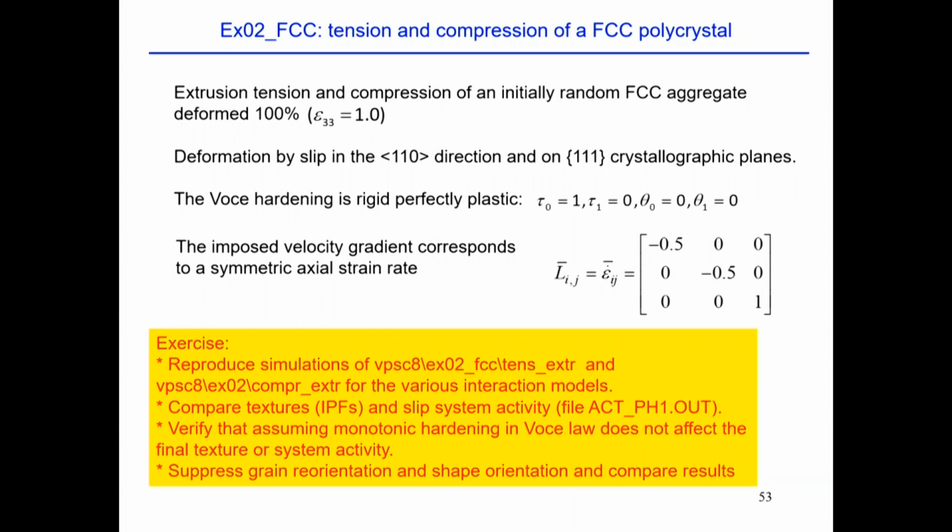In extrusion, you put your sample through a circular die, and of course it forces both lateral strain components to be the same. So that is the process. In compression, let's assume that you can do something similar. So we enforce that condition. We don't have to, but we enforce that condition.